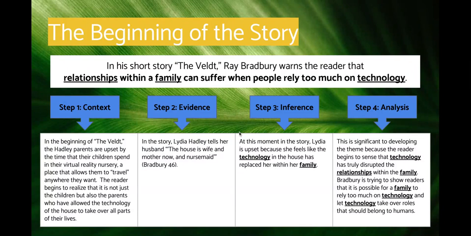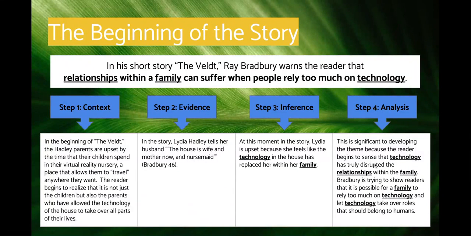This is the step where I fill in, as a reader, what's happening here. I say, at this moment in the story, Lydia's upset because she feels that the technology in the house has replaced her within her family. Notice that I've used some of these same universal ideas, technology and family, and I've pointed those out by bolding and underlining them here. I'm explaining what's happening in this moment.